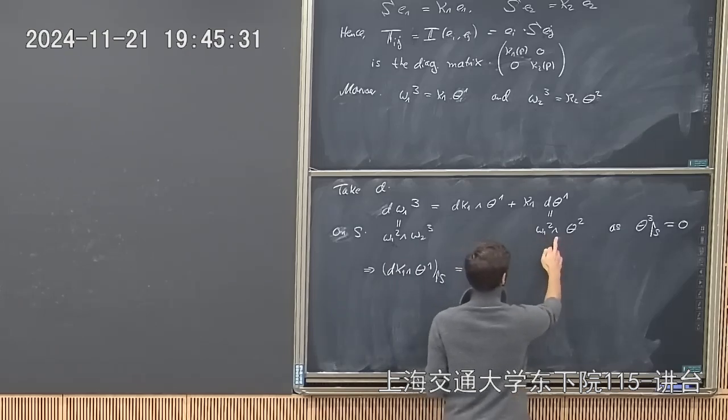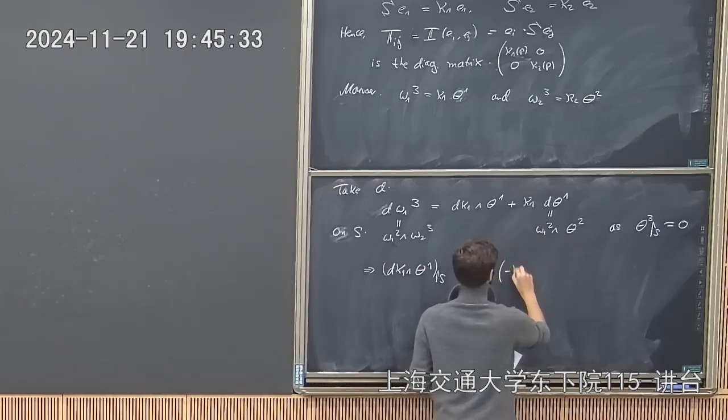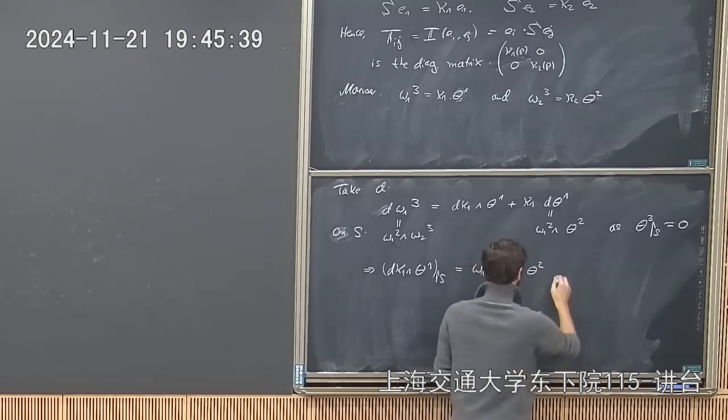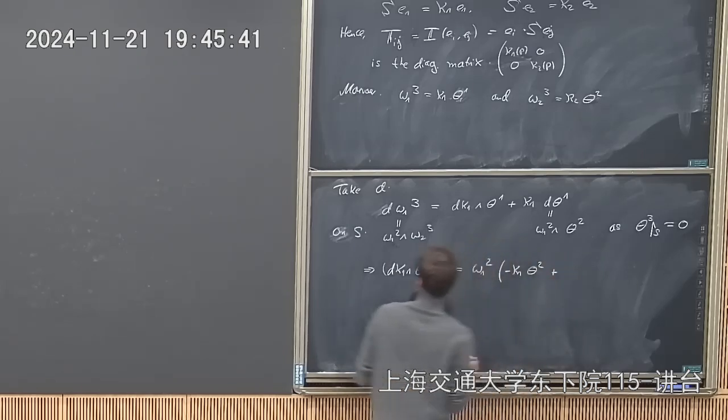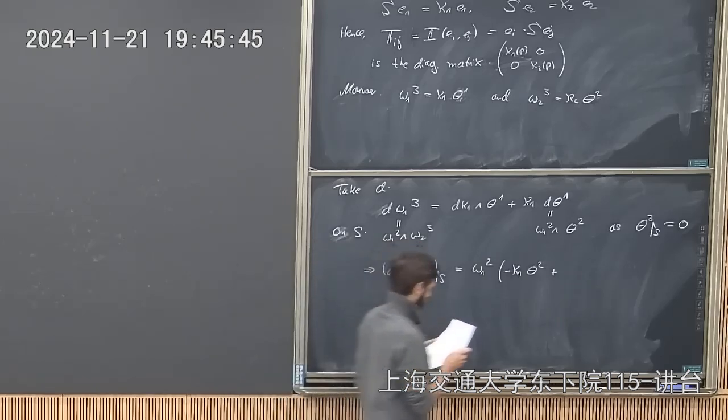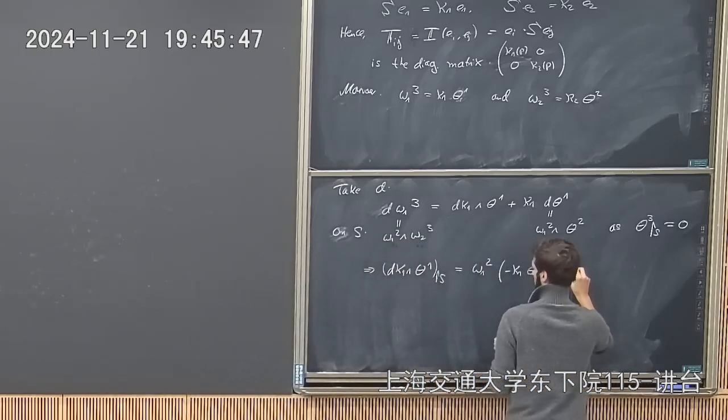Then we get this term with a minus sign, so that's minus kappa 1 theta 2. And from here we get this expression omega 2 3.